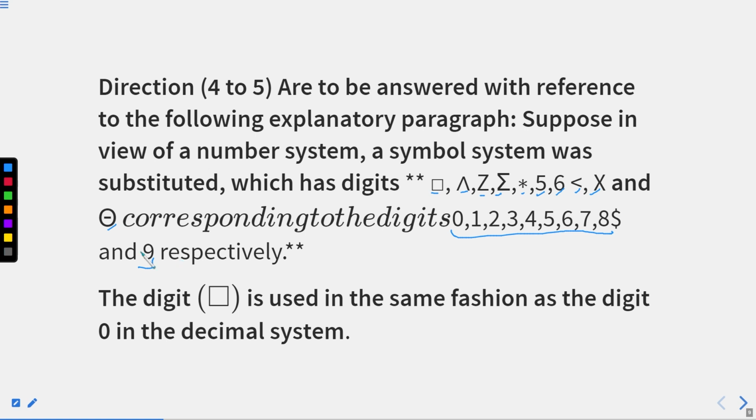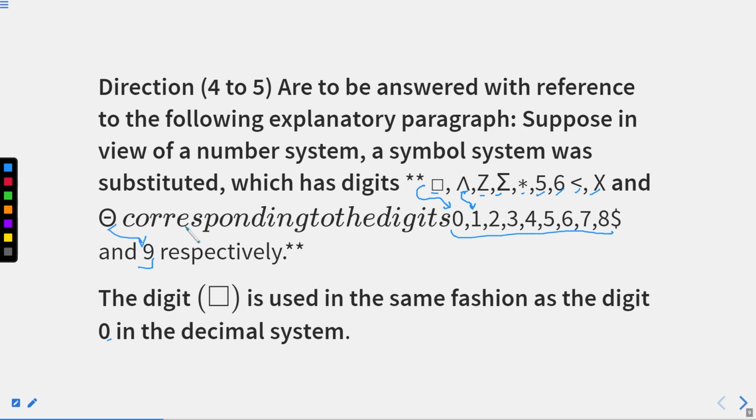Now, the question says a symbol depicting this is used in the same fashion as the digit 0, right? It means this box implies 0. This upper arrow implies 1. I hope you are getting it. In the similar manner, in the last we have this encircled minus that depicts 9. I hope you get it, right?